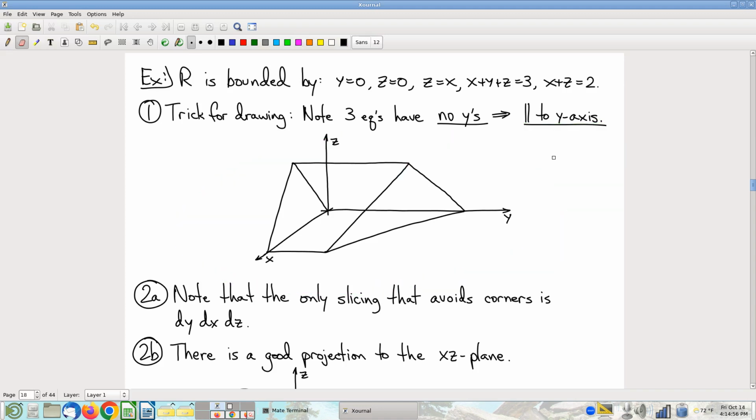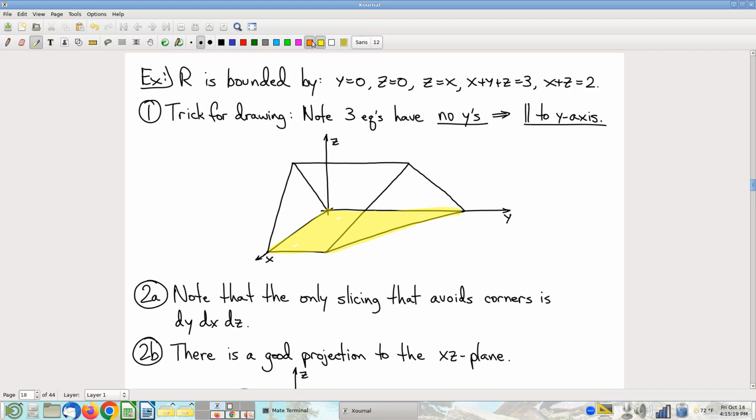Okay, now I claim this is an example where we have bad projections. There's actually a bunch of bad projections. There is a bad projection, I claim, down to the XY plane. Now the shadow looks fine. Nothing wrong with that as a shadow. But let's talk about what is the upper surface.